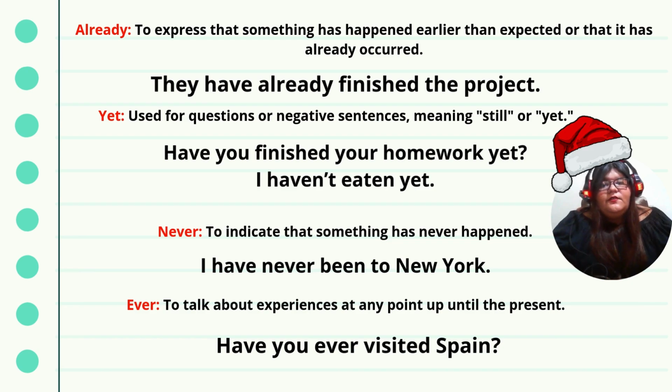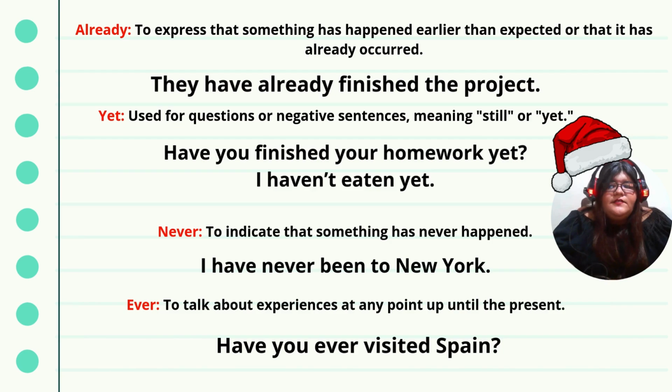Then we have here already, to express that something has happened earlier than expected, that it has already occurred. They have already finished the project. Then we have yet, used for questions or negative sentences, meaning still or yet. Have you finished your homework yet?